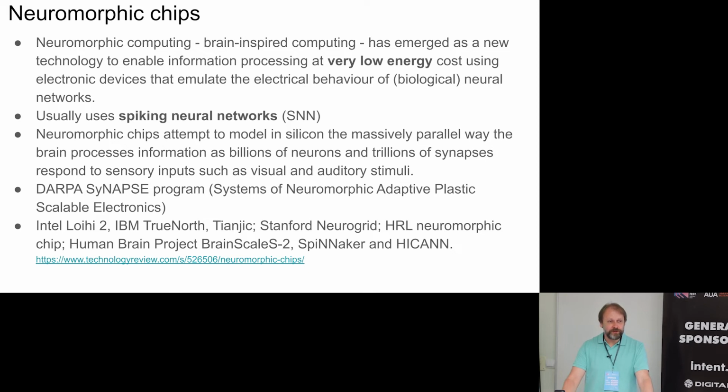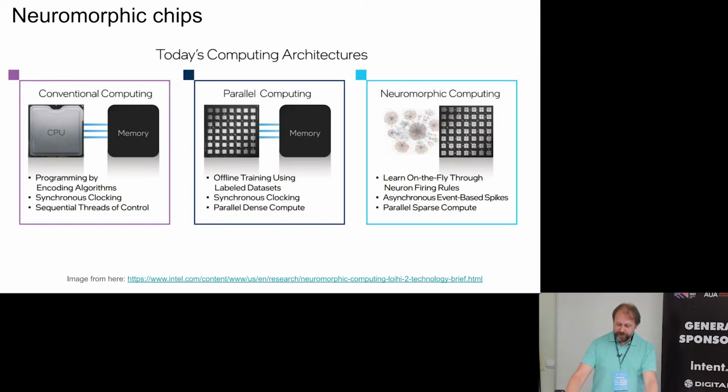Many companies and many research institutions try to implement something like this. And again, this is a slide from one of Intel's presentations. Important thing is that this new neuromorphic hardware is typically spiking hardware, and it's heavily parallel as well. And what's important, it's asynchronous.